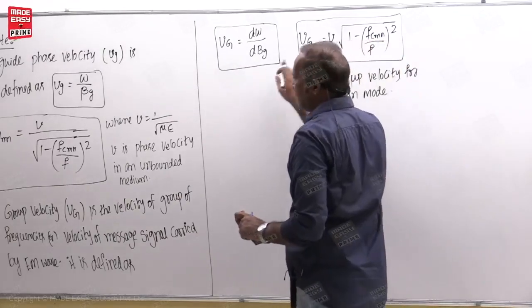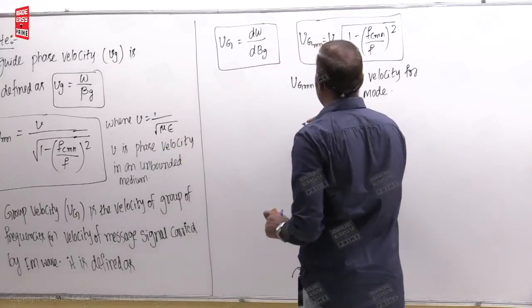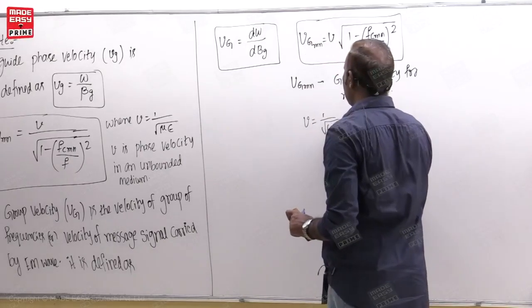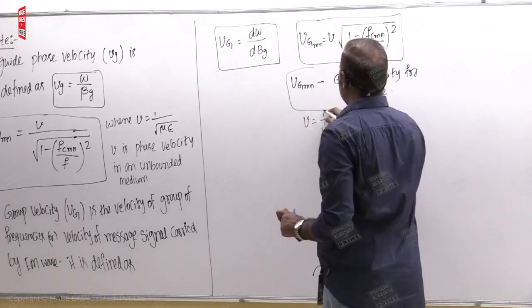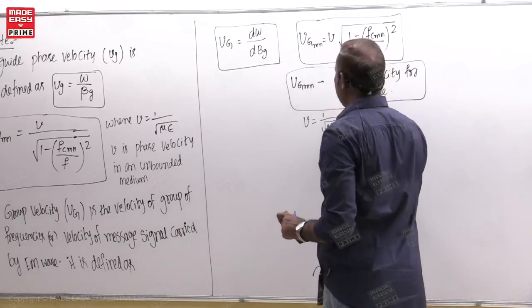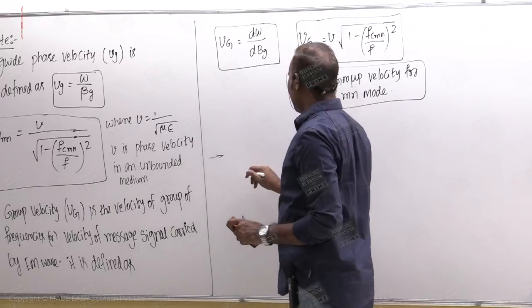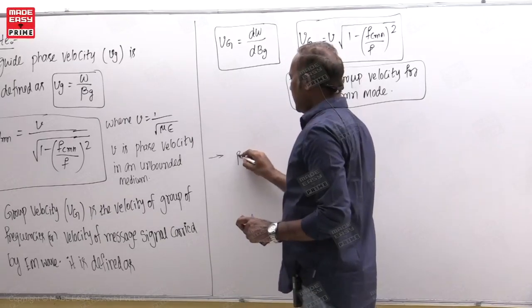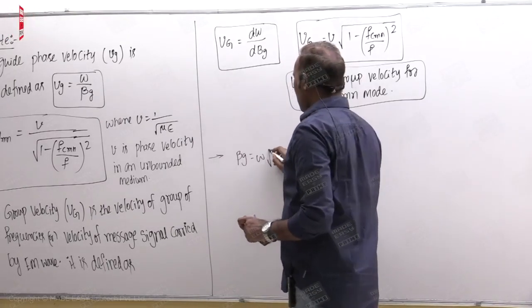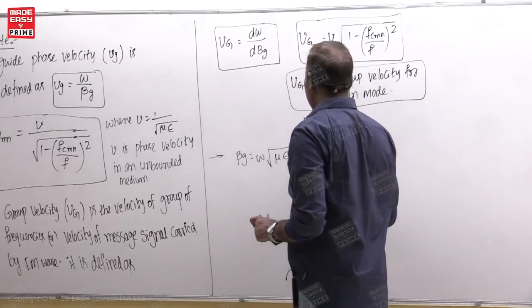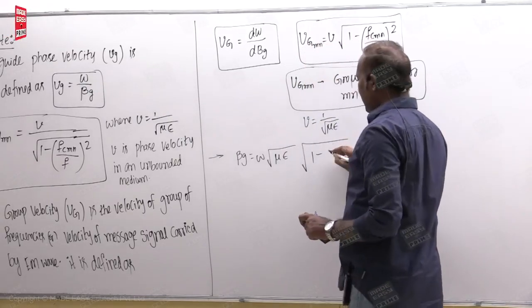Once again, here V is the same thing only. So V is 1 by root mu epsilon, right? And if you want, I will do the mathematics here. So already you know beta g, you remember: omega root mu epsilon root of 1 minus (fc by f).